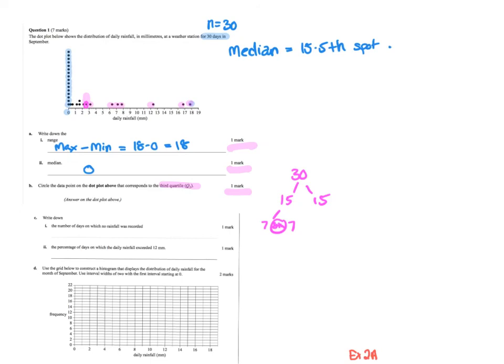The number of days on which rainfall was recorded. Oh, that's a bit easy. Sorry, the number of days on which no rainfall was recorded, 0 millimetres, that means. We did that before, 16. The percentage of days on which the rainfall exceeded 12 millimetres.